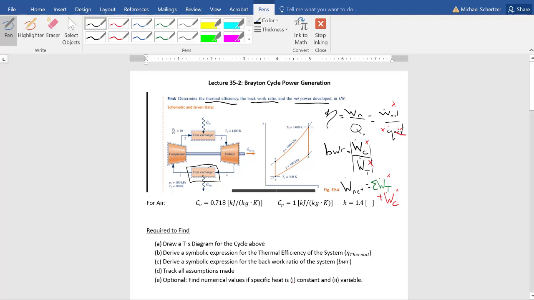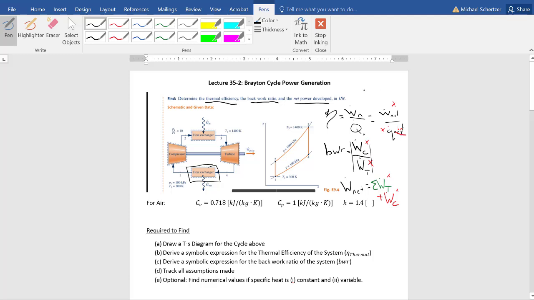So anytime I have a W dot term divided by a Q dot term, I can use capital W dot or capital Q dot, but I can also take out the mass flow rate and use lowercase w dot and lowercase q dot, which in this case will be just delta H's.